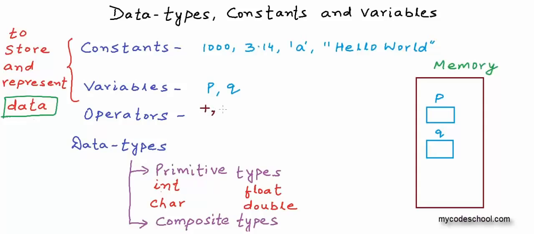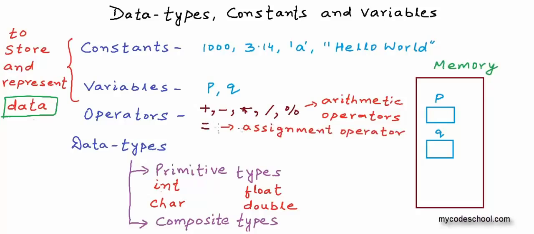We have arithmetic operators: plus and minus for addition and subtraction, asterisk for multiplication, slash for division, and percent sign for modulus operation. These are arithmetic operators. A single equal to sign is called assignment operator. It is used to assign value to a variable. And we have operators that we call relational and logical operators.